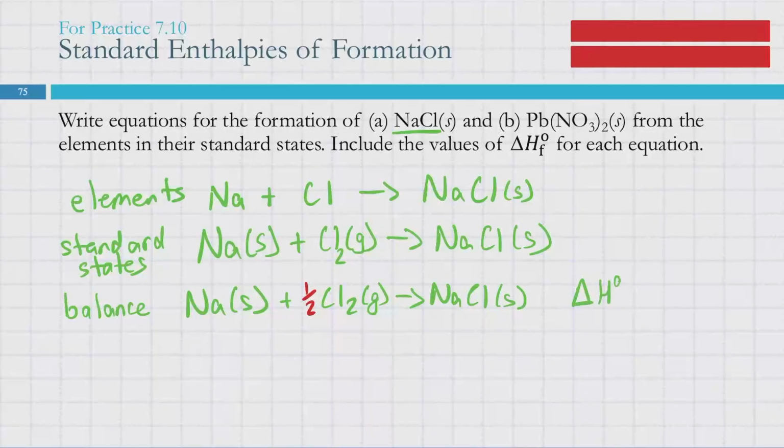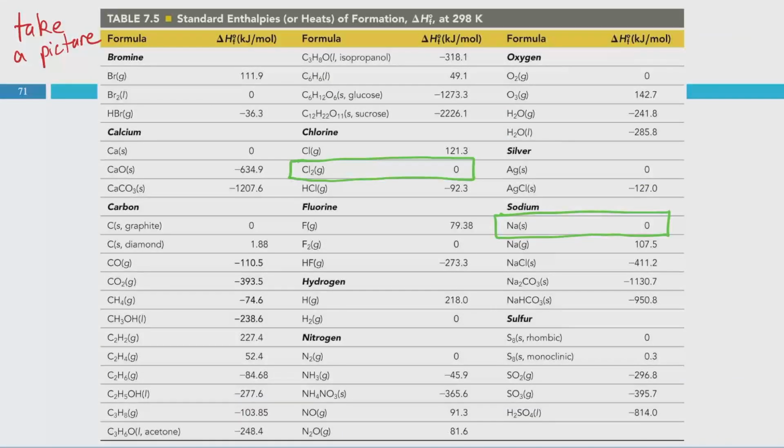And we would also look up the heat of formation. And that would also be on our table. Or we would have to go find a table that has it. So let's go zoom back to that. So for NaCl as a solid, the value is negative 411.2.